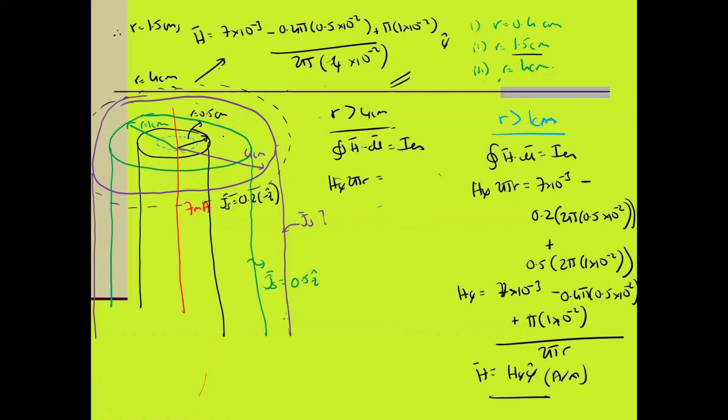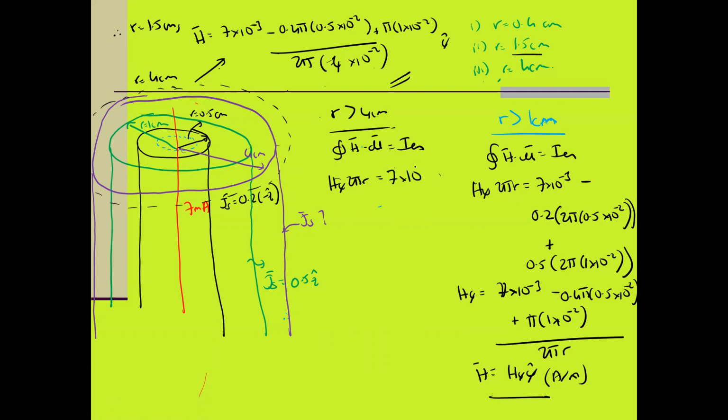We have a filament at the z-axis, we have 0.2 ampere per meter at 0.5 cm, we have 0.5 ampere per meter at 1 cm, and additionally we have JS at 4 centimeter. So that's our concern: what should be the value of JS that needs to be added? We can calculate JS by simply including it in the I enclosed. So now the I enclosed will consist of 4 different terms.